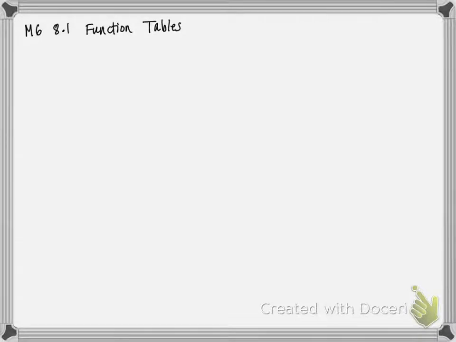So we've got vocab because we're at the beginning of a new chapter. We're going to talk about what I mean by a function. And actually, it's kind of a formal word for something we've already done.